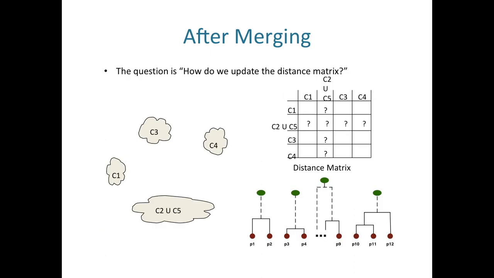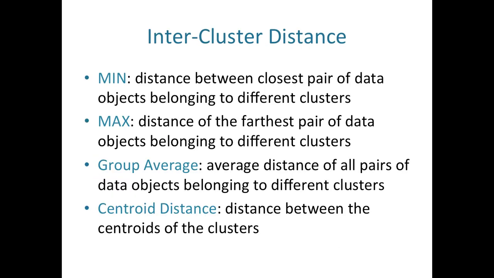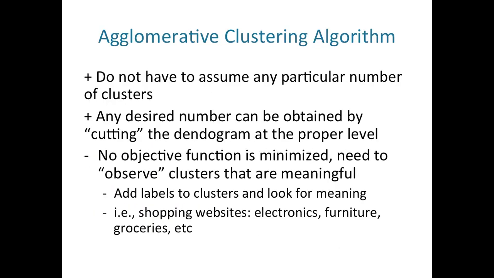We would ask, what's the distance between C1 and the new C2 union C5? What's the distance between C3 and C2 union C5, and so on? And we could be looking into the closest points or the farthest away points, depending on the type of distance measure that we decide to use.